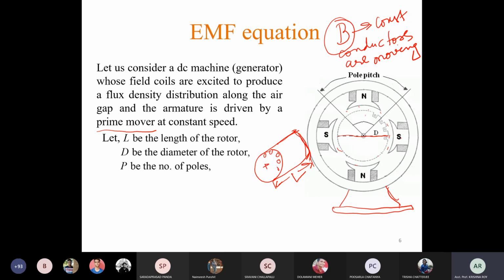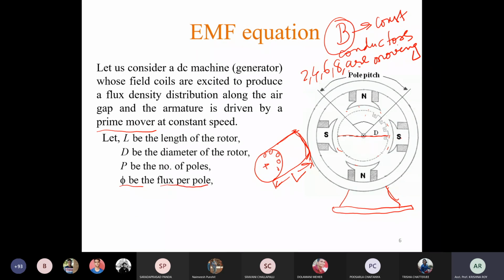That means there will always be an even number of poles, either 2 or 4 or 6 or 8, etc. So here in this diagram 4 poles are shown. Let us assume that in a machine having P number of poles, phi is the flux per pole. This is not the total flux, this is flux per pole.